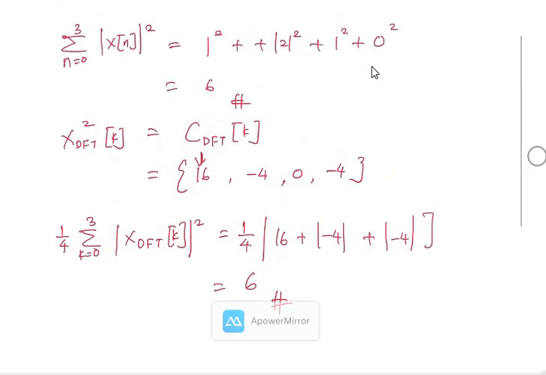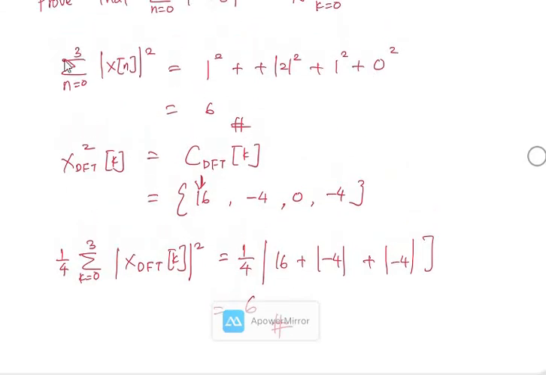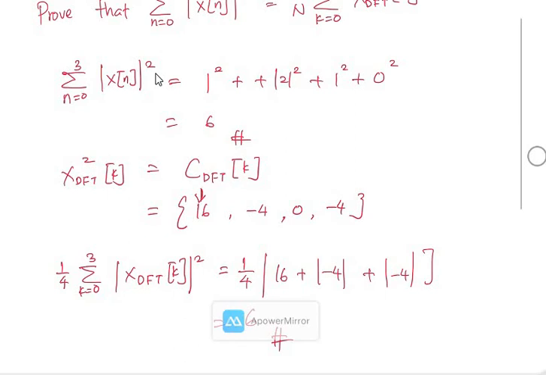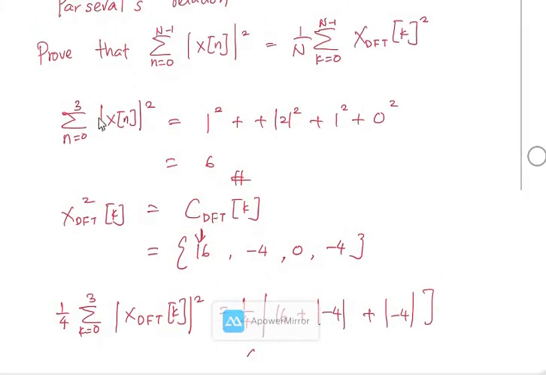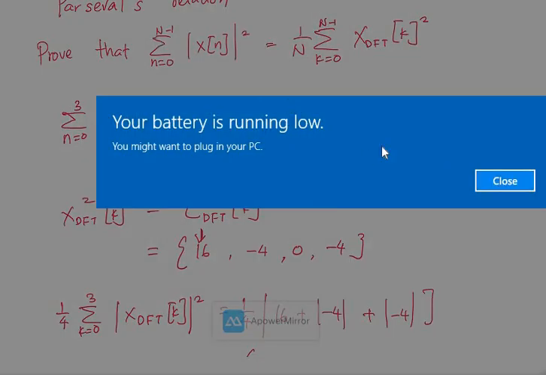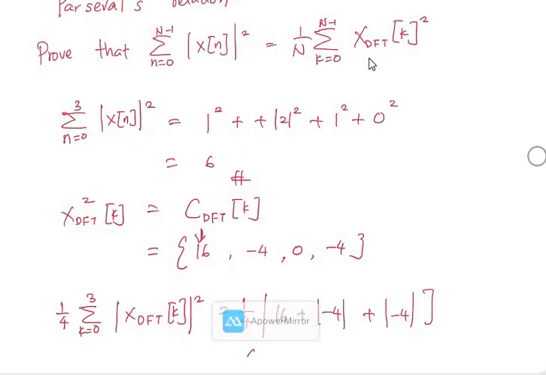So this means that the summation of xn square is equal to 1 over 4 summation of XDFT k square. So the values are the same. This really shows that Parseval's theorem is correct.